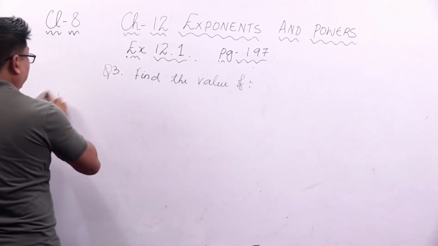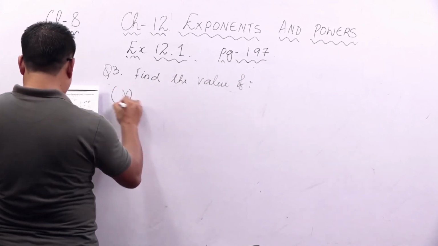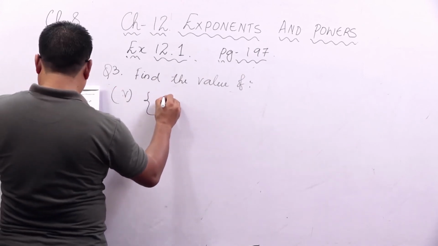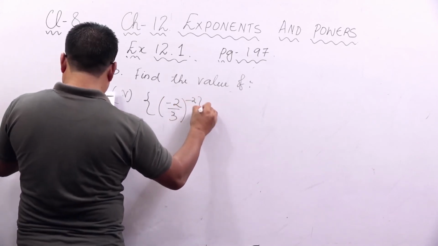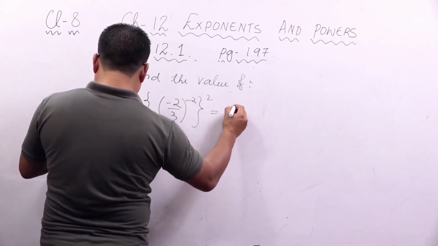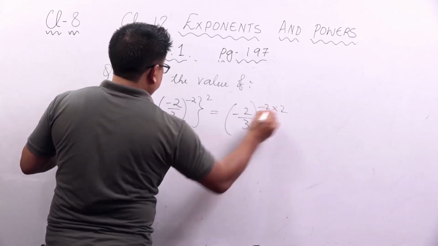Before we wind up, let's quickly have a look at one last question. So the question here is (minus 2 by 3 to the power minus 2) the whole to the power minus 2 by 3, to the power minus 2 into 2.